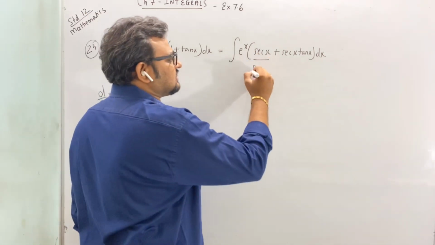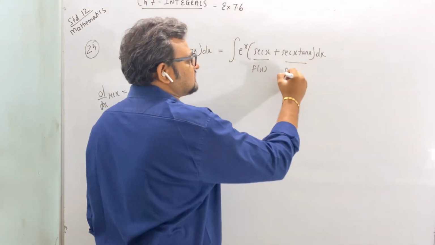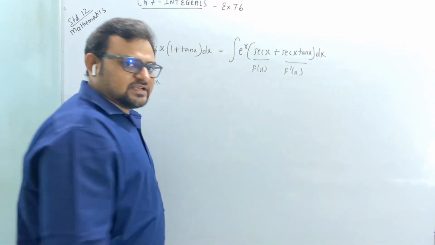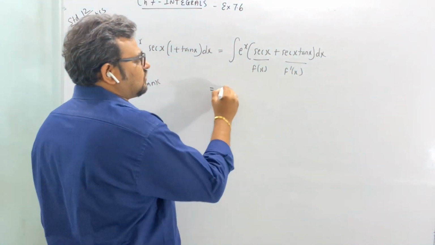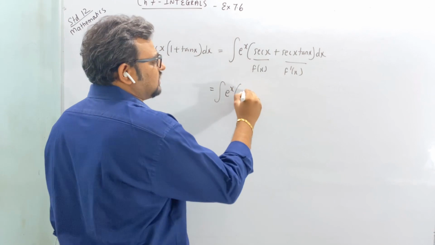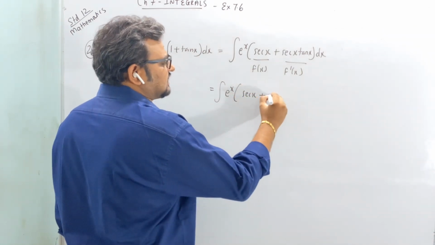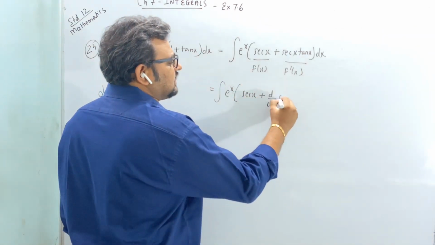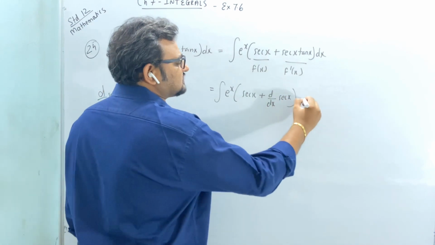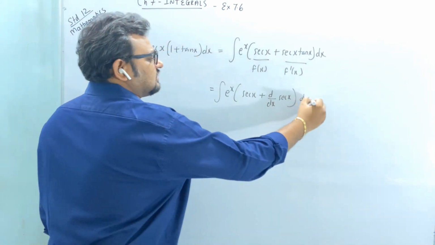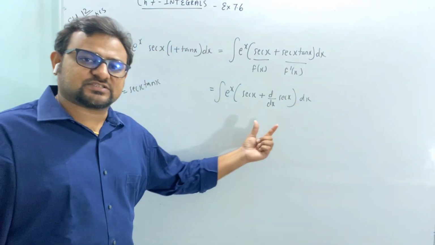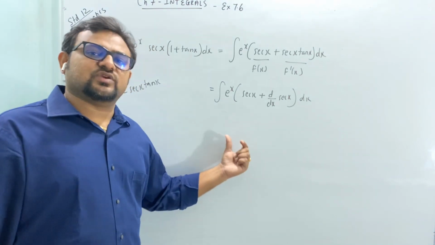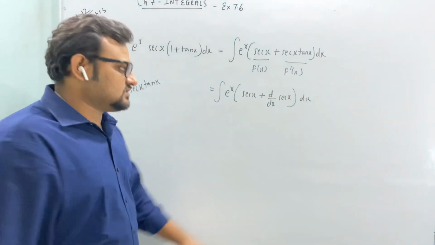This is f of x, this is f dash x. So it will be equal to e raised to x, sec x plus d by dx of sec x. Clear? e raised to x, f x plus f dash x. So e raised to x f x plus c.